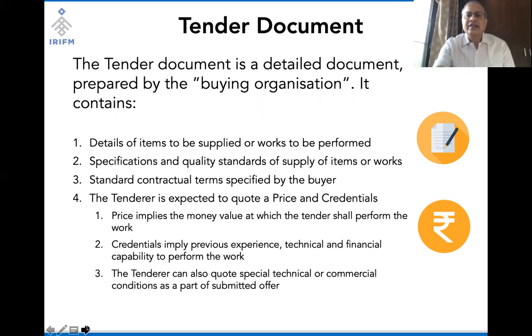And then the tender document also has a few forms which have to be filled. Those forms are essentially for filling of price bid and for submitting the credentials of the tenderer. These are standard pro formas in which the tenderer is expected to fill their details, right? And we're going to talk more about it.